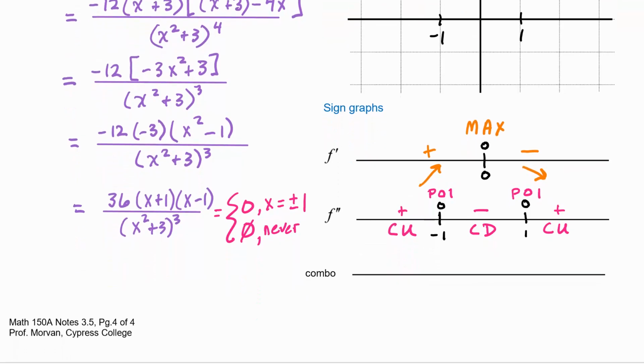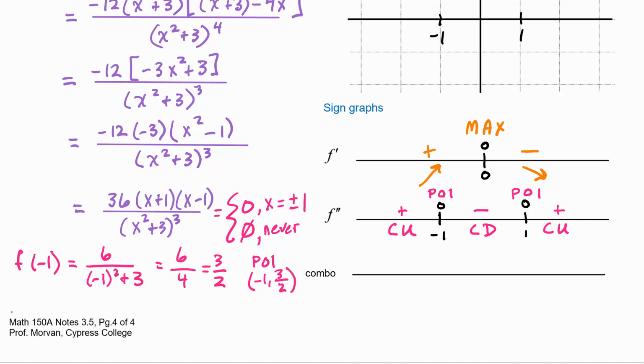So that means we will need to evaluate f of negative 1, which is going to be 6 over negative 1 squared plus 3, which is going to be 6 over 4, which is 3 halves. So we have a point of inflection at negative 1, 3 halves.